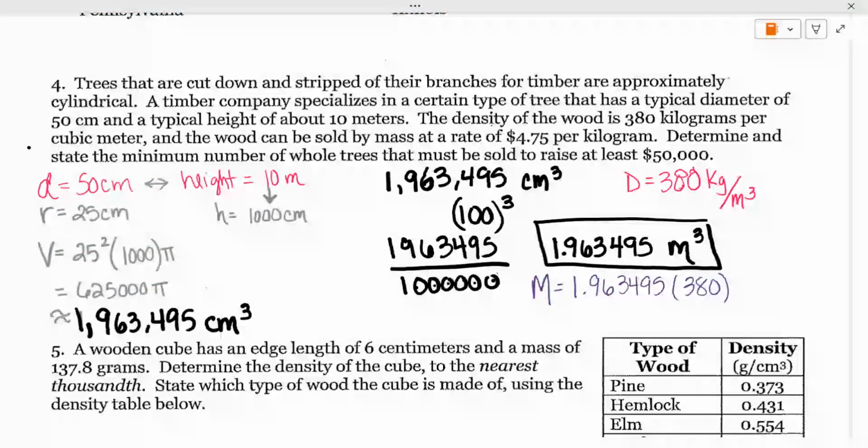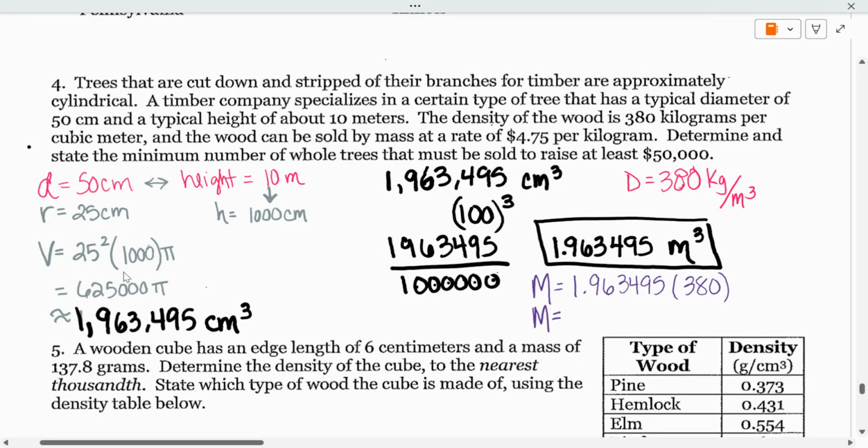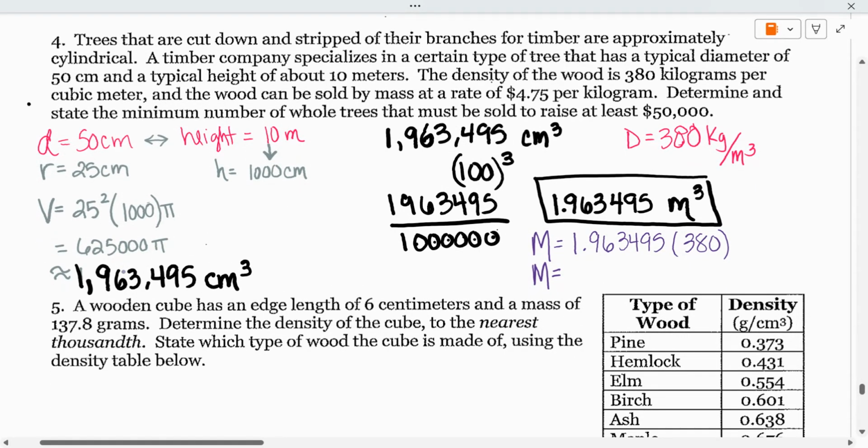The mass of one tree. So what is the mass of one tree? 746 kilograms. Okay. Did everybody get that? Yes or no? Okay. So one tree is 746 kilograms.